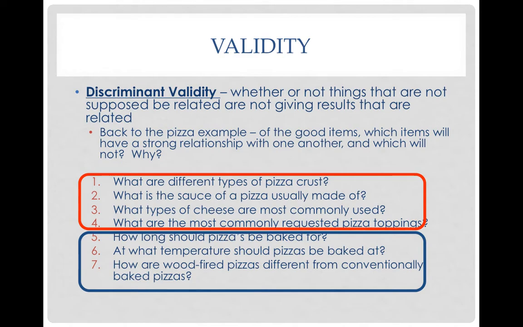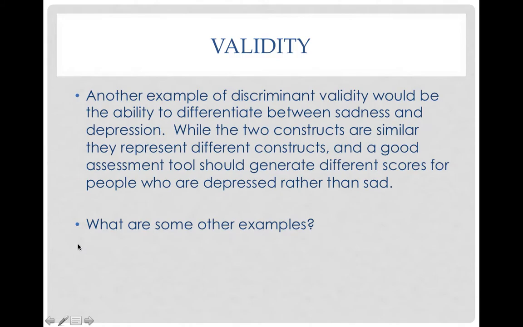Groups of items that hang together, with slight differences, and the relationships within 1 through 4 should be a lot stronger than how 1 through 4 are related to 5 through 7. There should still be some relationship because it is still under this broad umbrella of pizza knowledge, but the relationships within the groups, the subconstructs, should be stronger than between the subconstructs.